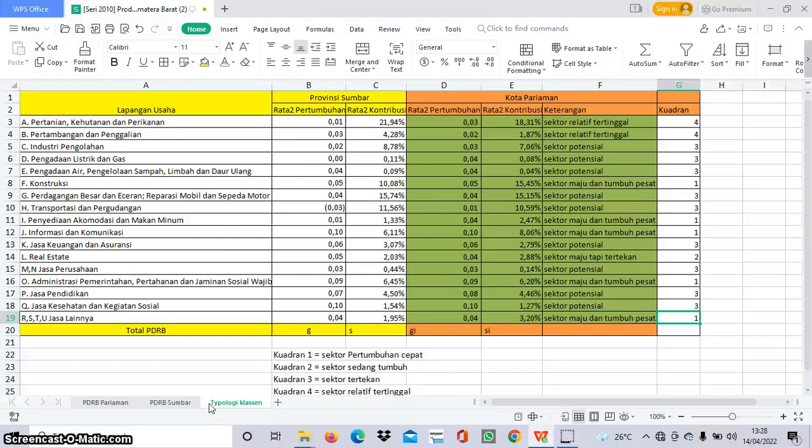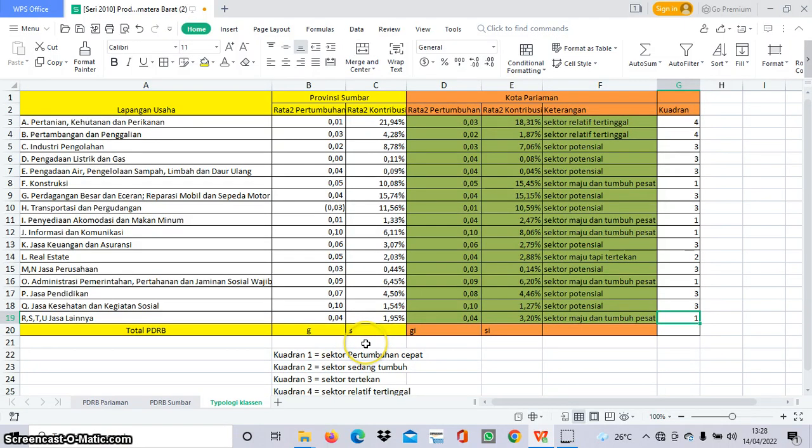The first, sector that is developed and growing rapidly, Quadrant 1. This quadrant is a sector quadrant with a GRDP growth rate, or gi, that is greater than the growth of the reference area or national, g, and has a greater contribution to GRDP, si, than the sector contribution to the regional GRDP that is the reference or in general national, s.